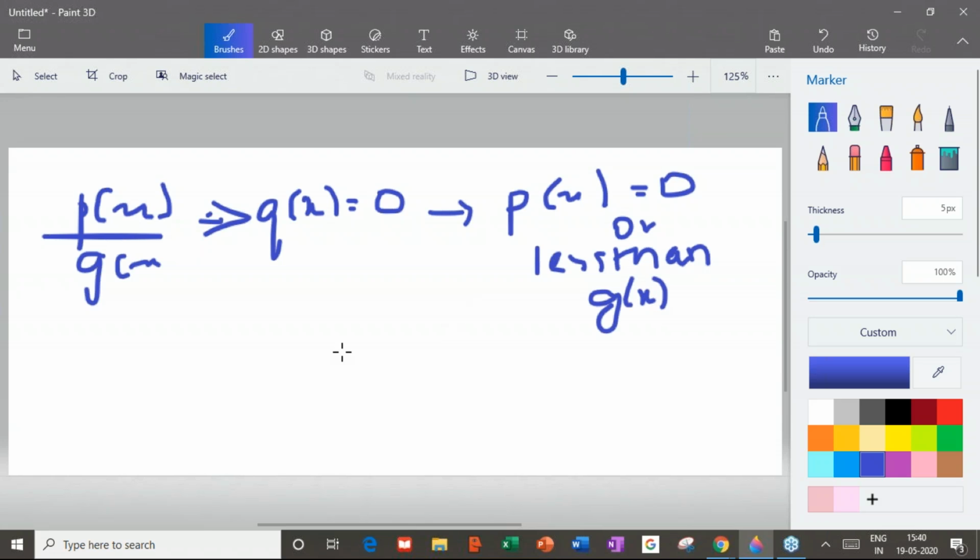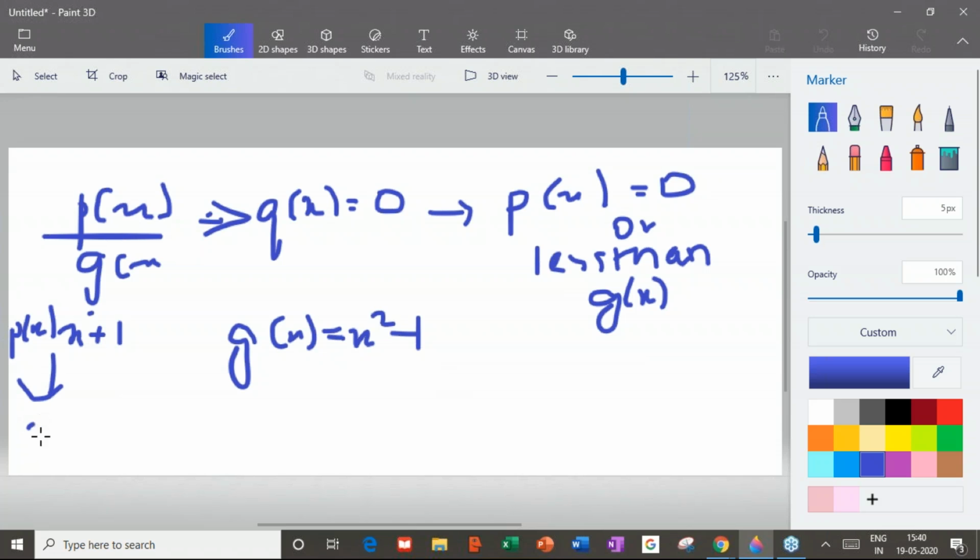Okay, if you take an example, suppose the dividend p of x is x plus 1 and g of x is x square minus 1. In this case, the quotient will be 0 and the remainder will be the same as p of x, since the quotient is 0.